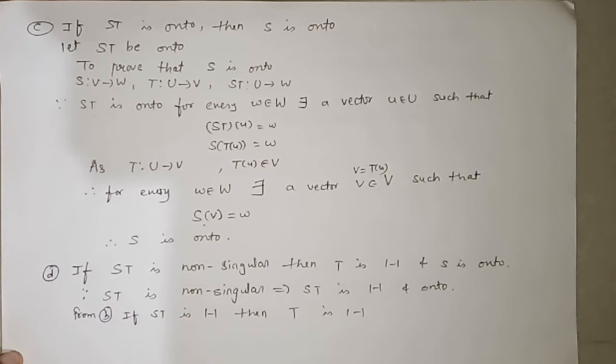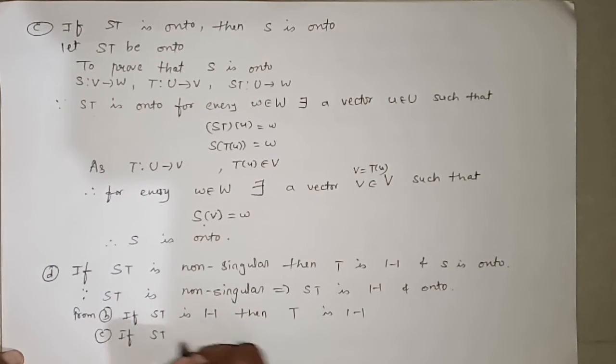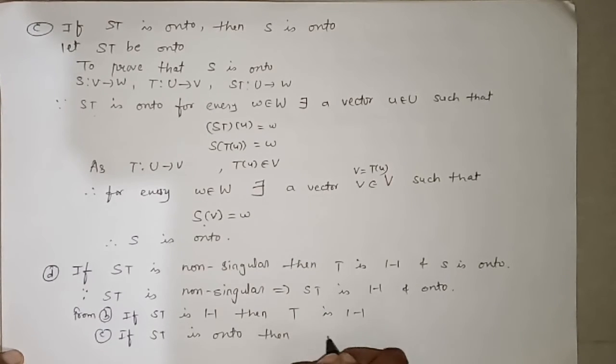We have proved it already. So this is proved: ST is 1-1, then T is 1-1. From C, if ST is onto, then S is onto. This thing we have proved already, so we are writing this directly here. So our fourth part is done.